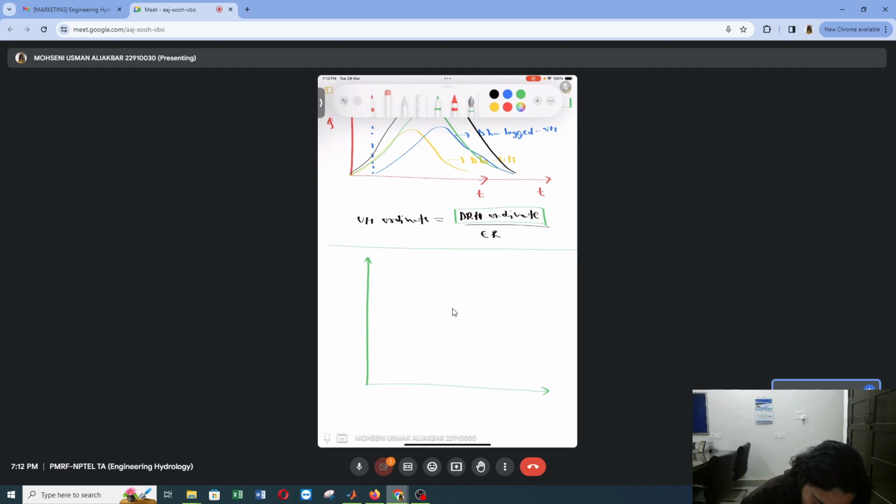So let us say this is the input of effective rainfall, which is nothing but the intensity of rainfall, right? Which will be 1 by d centimeter per hour, right? So for this input there will be some output, right? And let us say that output is nothing but the S hydrograph.